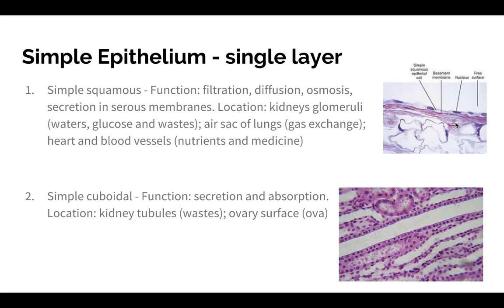You can see here in the pictures, the simple squamous cells are a flat single layer of cells, and the dark purple structures in these slides are the nucleus. This is an entire cell right here. It's flattened out. And then you can see the basement membrane and these other cells below.